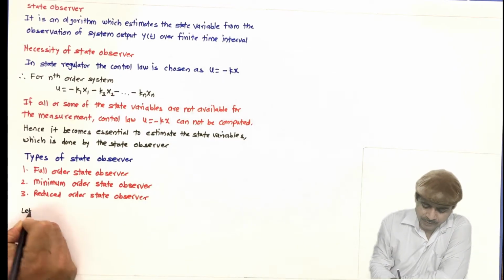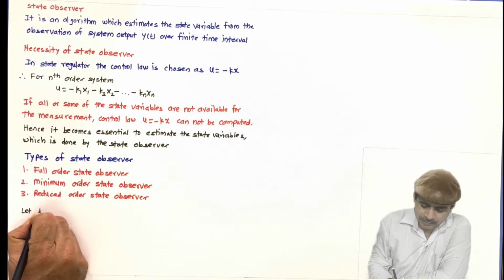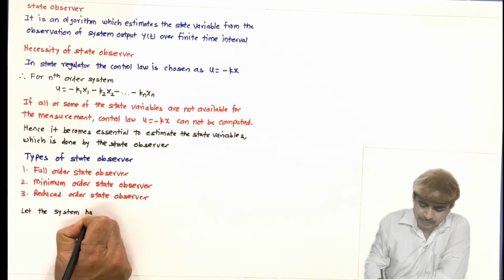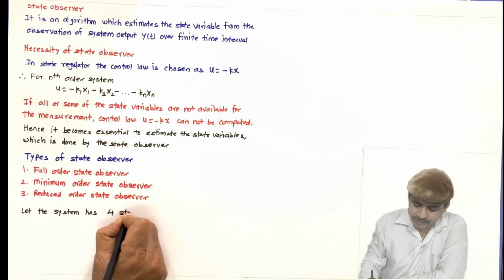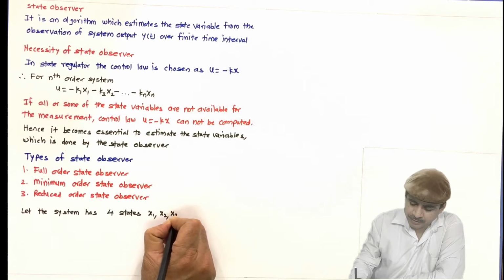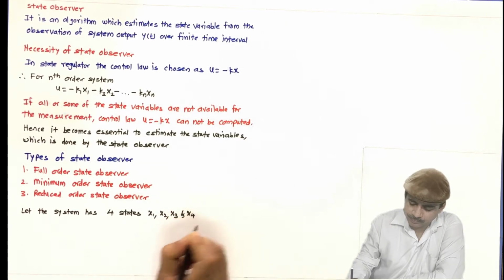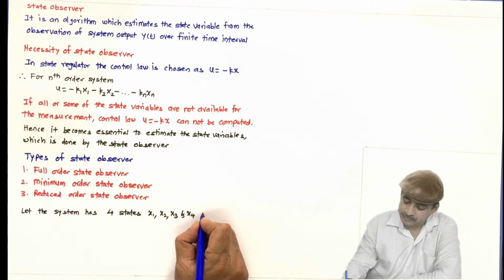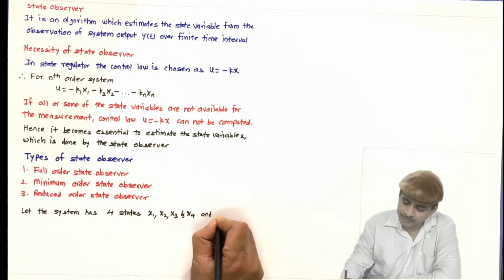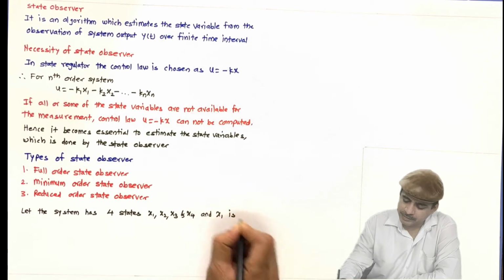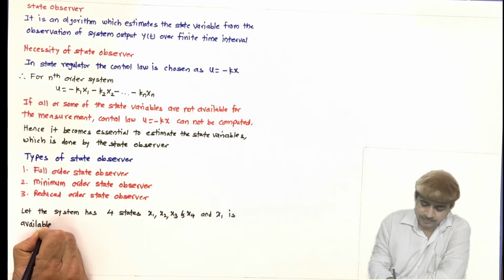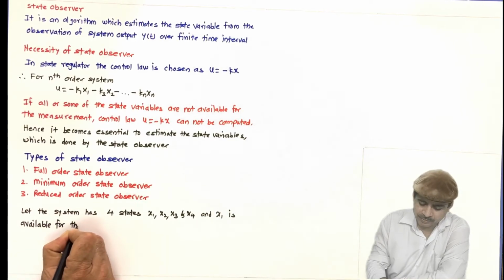Let the system have four states x1, x2, x3 and x4, and x1 is available for the measurement.